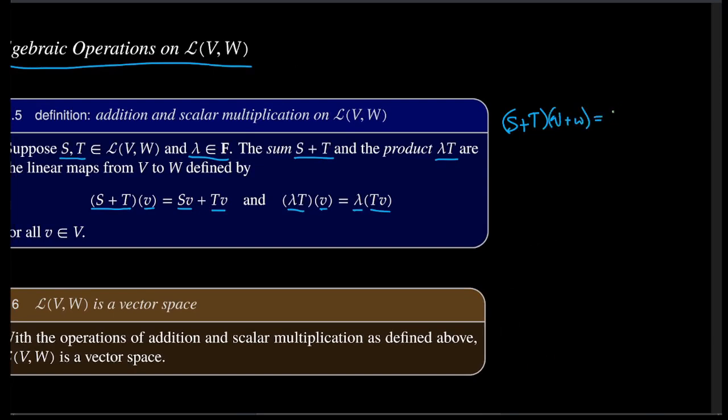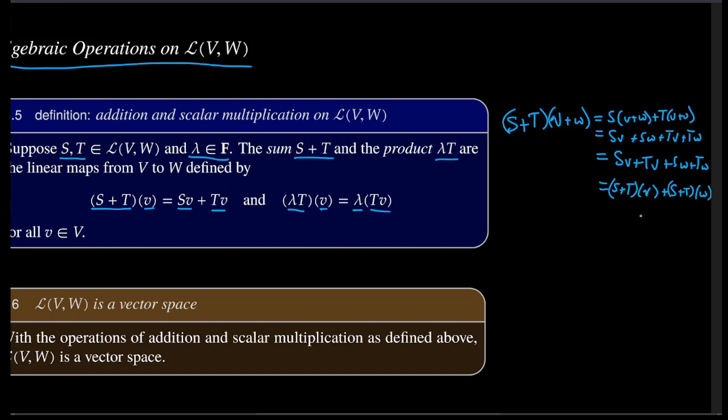Well, this is S of v plus w plus T of v plus w, which is S of v plus S of w plus T of v plus T of w, which, if I just use the commutativity of addition a little bit, is S of v plus T of v plus S of w plus T of w, which is just (S plus T) of v plus (S plus T) of w.